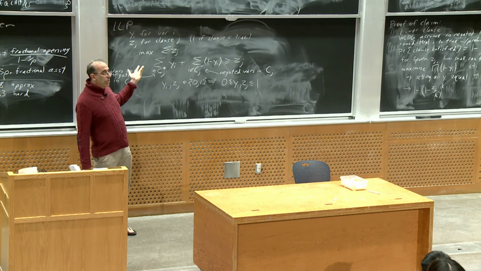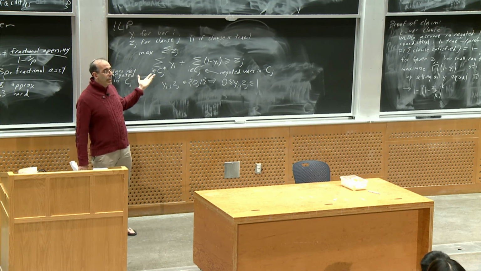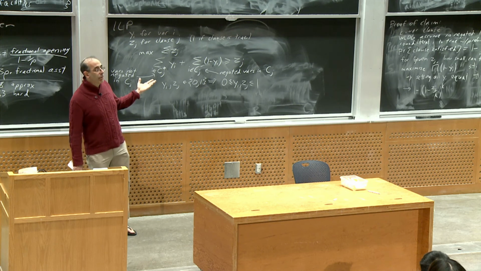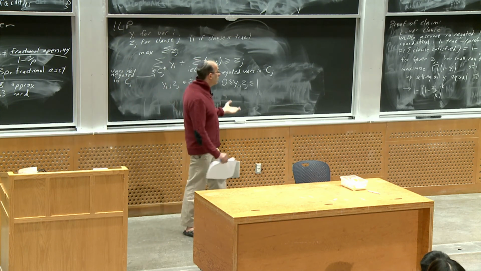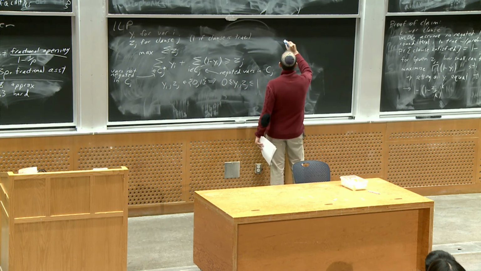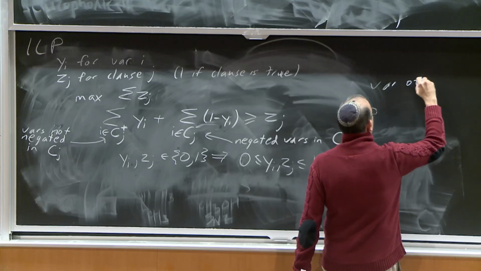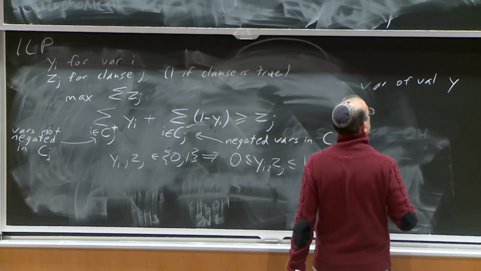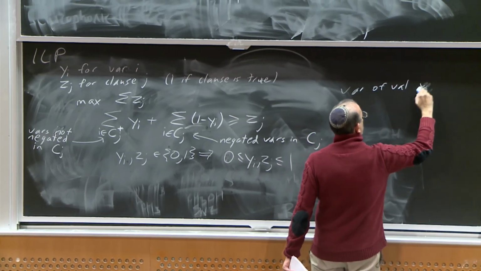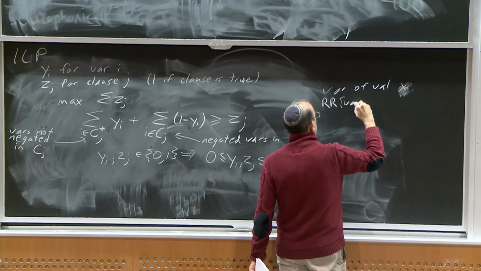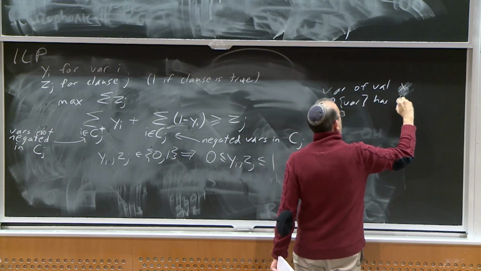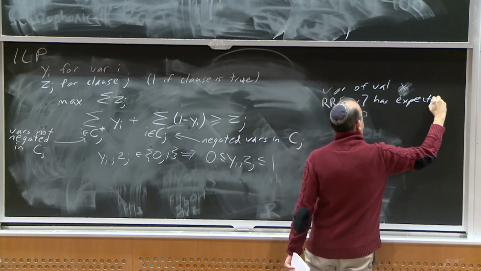So when you do your linear programming relaxation, you get a number that's between 0 and 1. And if you apply randomized rounding, if you have a variable of value x, then the randomized round of that variable will have expected value x.